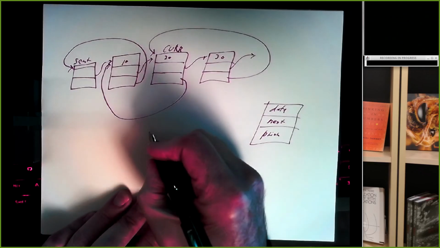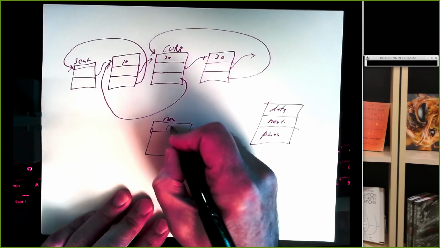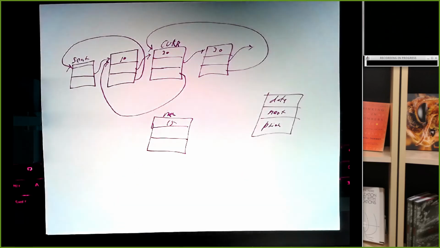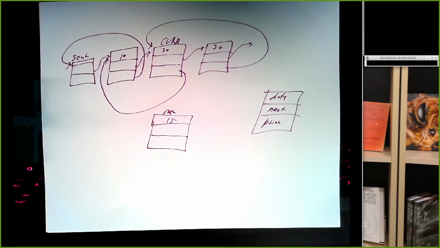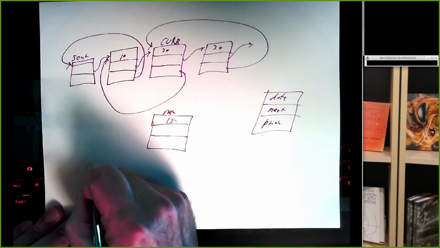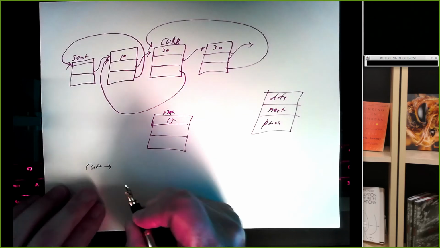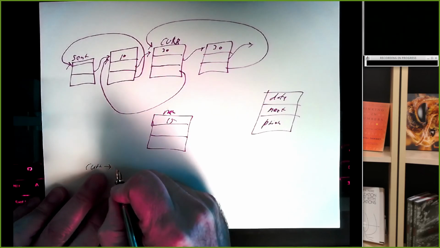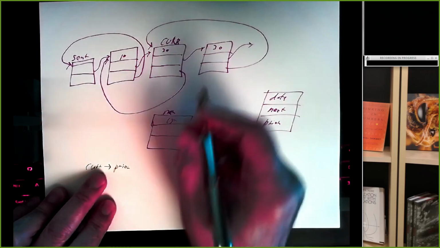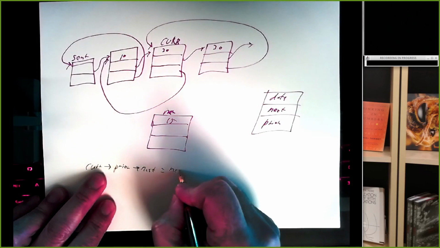And so if we want to sandwich a new node in with a 15, well, we've got to do a little more work now, but it's certainly doable. So if we're at current, we would want to do something like current arrow prior, which is this node, arrow next equals new.